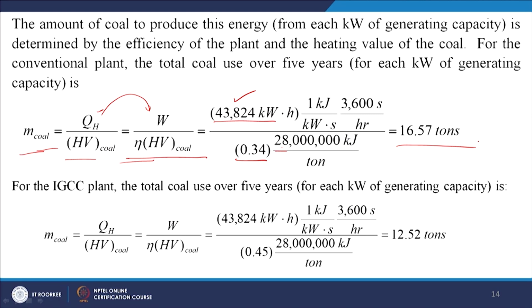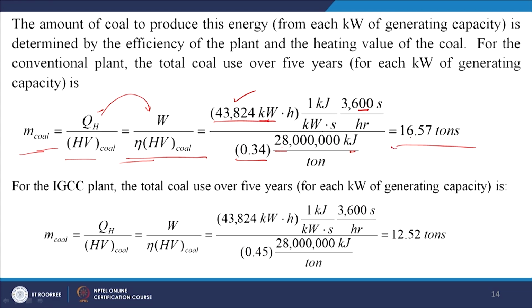These are the conversions. Why this 3600 second? Because we are having kilowatt and joule, it is given in kilojoule. So, watt has to be converted into joule, that is joule per second. So, hour has been converted to second, that is 3600 second has been put here. So, this is our 16.57 tons.